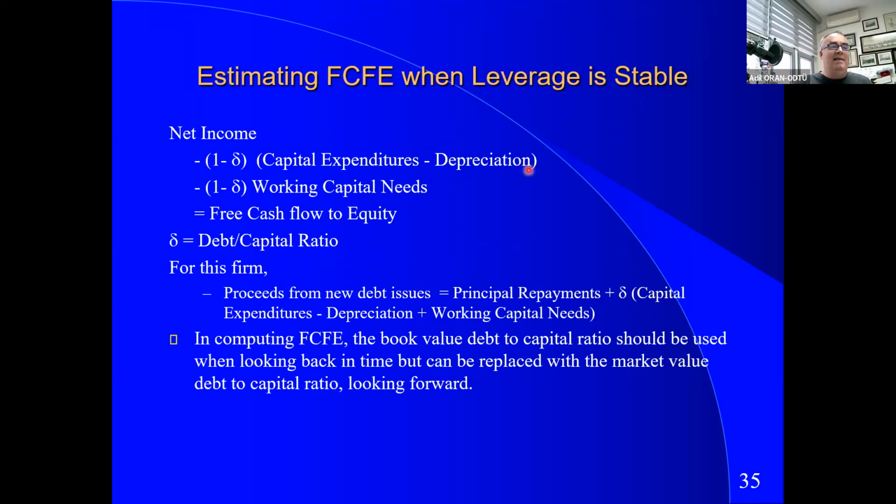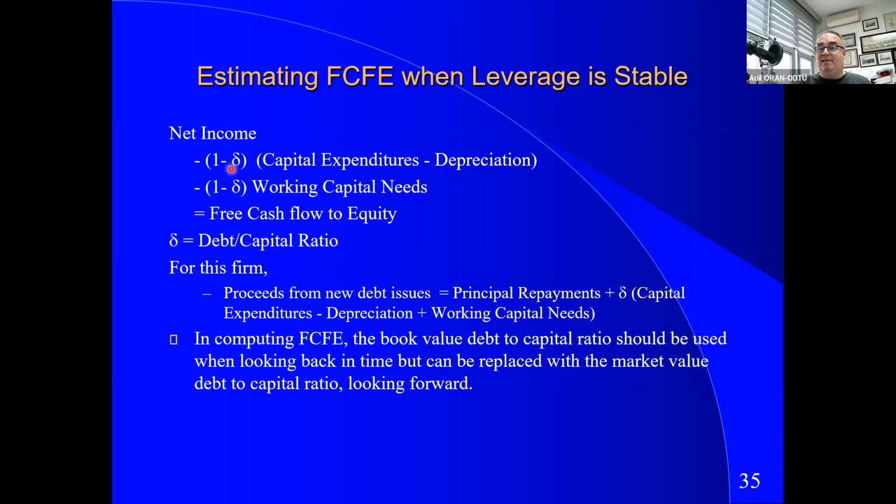So here, this is a simplified formula that can be used if the debt ratio of the company, so debt to total capital, how much of financing is coming from debt versus how much of it is coming from debt plus equity, is fixed. If this small delta is the percentage of the financing that is coming from debt, then you can simplify the previous formula and say net income minus net capex multiplied by 1 minus delta.